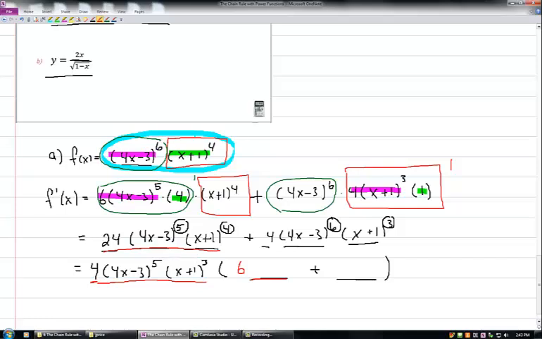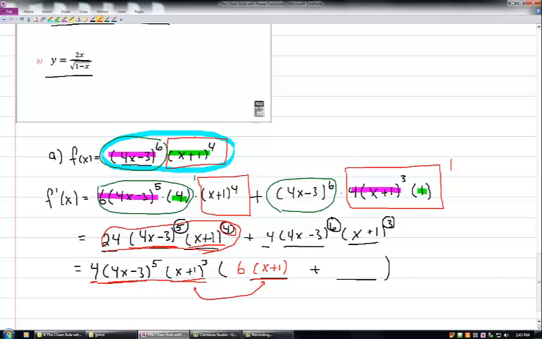I have a 4x minus 3 to the 5th here, and I have a 4x minus 3 to the 5th here, so I'm good with that one. And then I have an x plus 1 cubed here, but I need x plus 1 to the 4th. And so I'm going to put an extra x plus 1 here. Now when I multiply these two things together, I'll get back this thing on top.